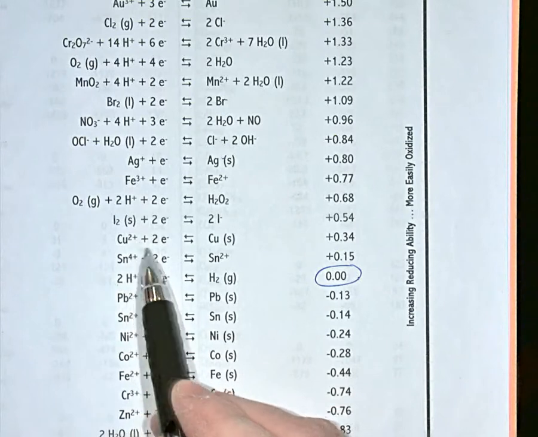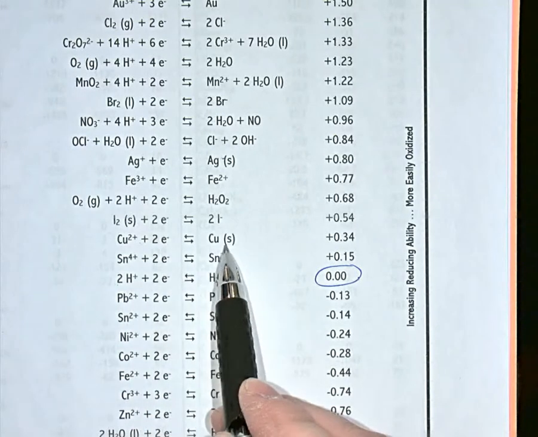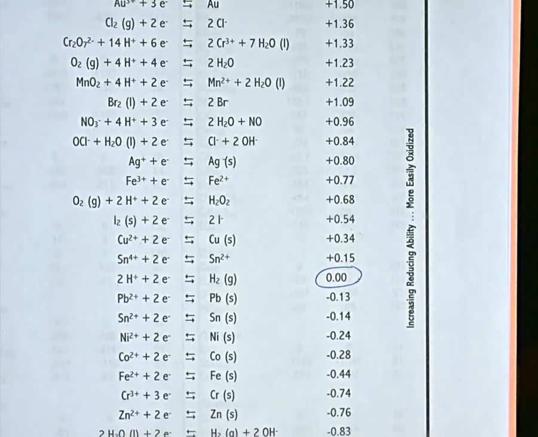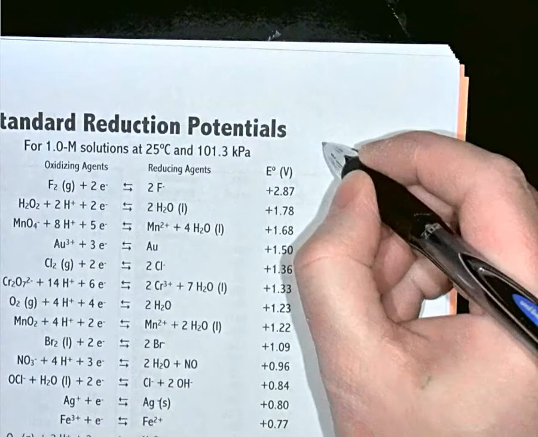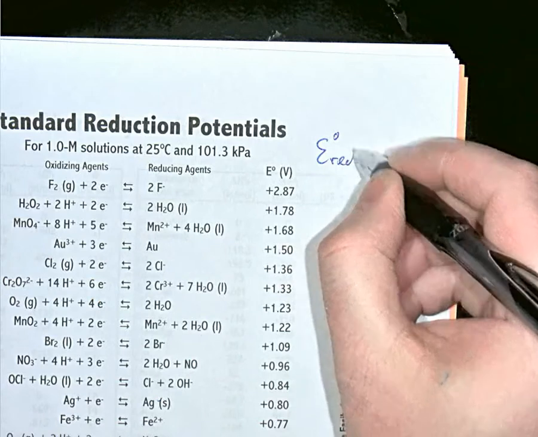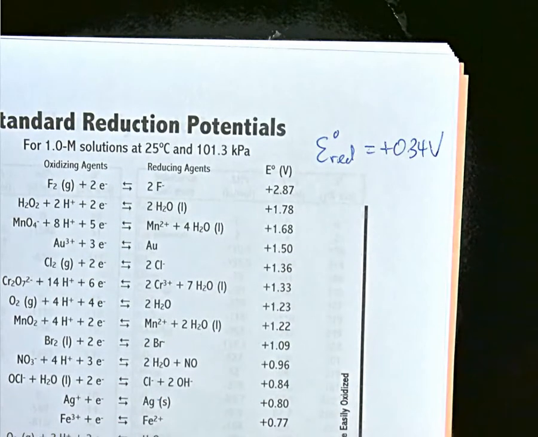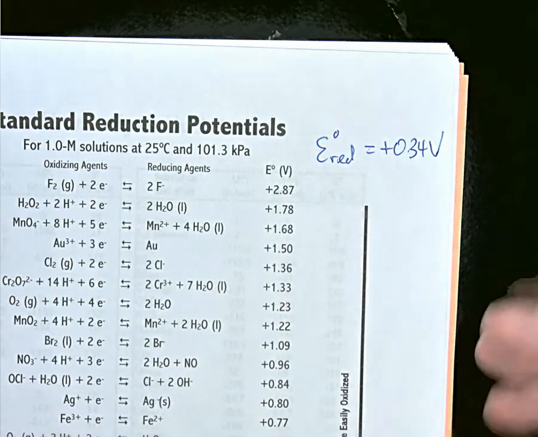So in other words, if you say copper 2 plus gets reduced to make copper metal, positive 0.34 volts would be its reduction potential. We would say E naught reduction is positive 0.34 volts for copper 2 plus to become copper metal.